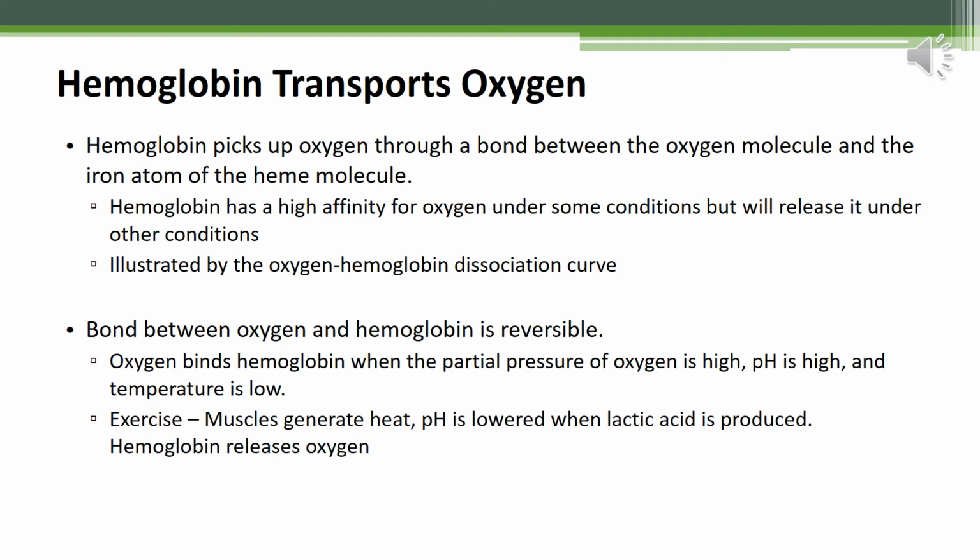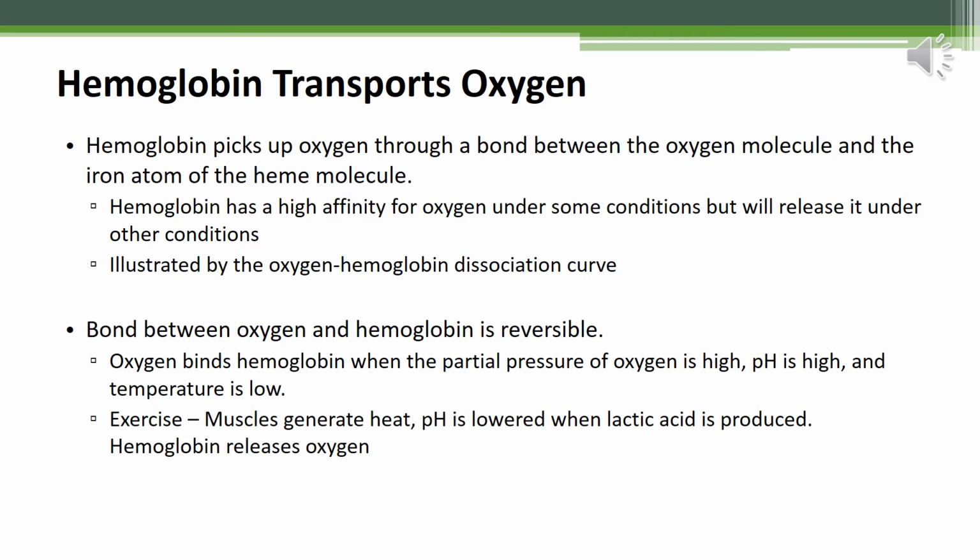And this affinity of hemoglobin for oxygen, and when I say affinity, we're talking about hemoglobin's ability to latch on to oxygen, is illustrated by the oxygen hemoglobin dissociation curve, and we're going to look at that in a second. Understand that the bond between oxygen and hemoglobin is reversible because it is necessary. Oxygen binds hemoglobin when the partial pressure of oxygen is high, pH is high, and temperature is low.